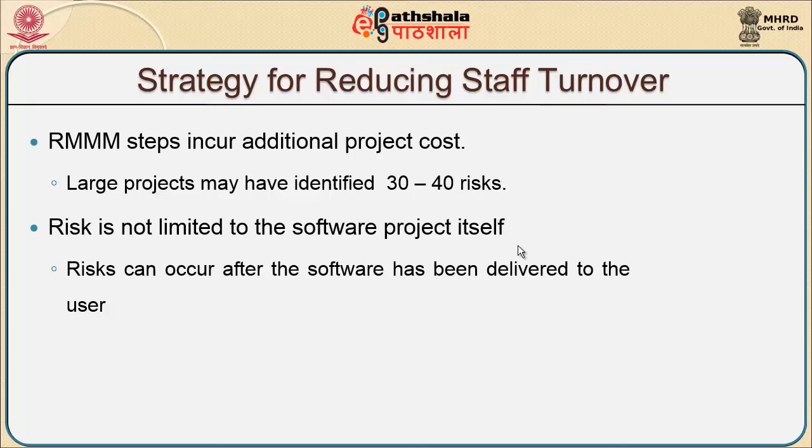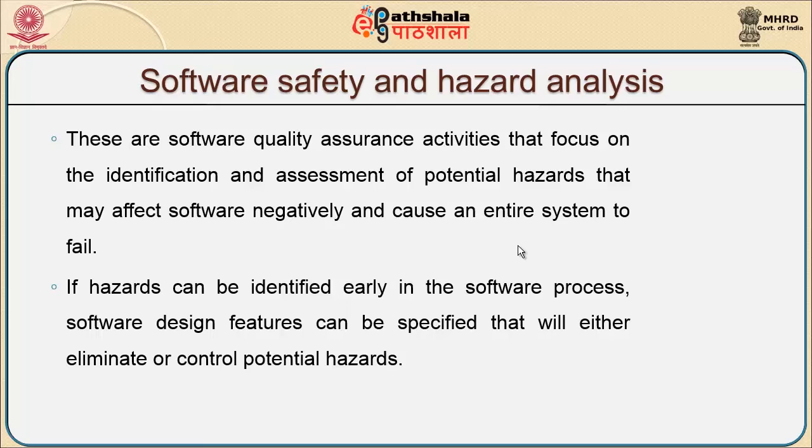If you look at larger projects, it has been identified that there might be a possibility of 30 to 40 risks. These risks are not limited to the software project itself, but can occur and be delivered to the user also. How are we to look at the safety and the hazard of this kind of risk?